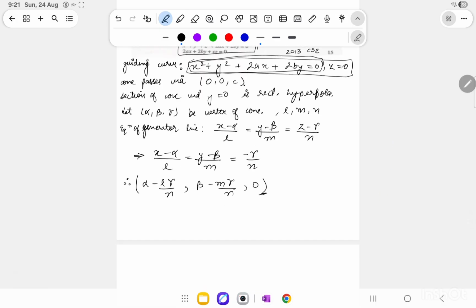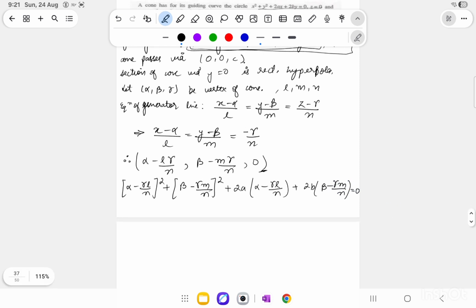We'll get (alpha minus gamma L by N) square plus (beta minus gamma M by N) square plus 2a (alpha minus gamma L by N) plus 2b (beta minus gamma M by N) equals 0. This is the equation of our cone in terms of L, M and N.